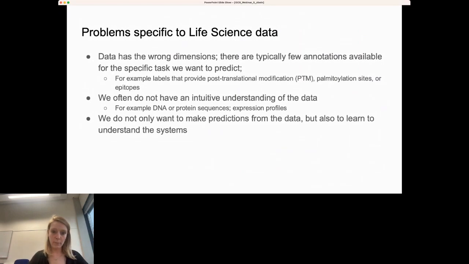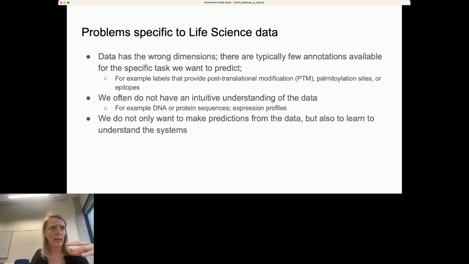So for example, if you think about DNA sequencing data, huge amount of genes per sample, but the number of samples that we have may be very limited, for which we have true labels. So for example, if you think about classification of tumor samples, the number of samples for which we know if, for example, we have a disease progression in a patient or not, may be much smaller than the number of features. And this is actually a really difficult dimension to learn over.